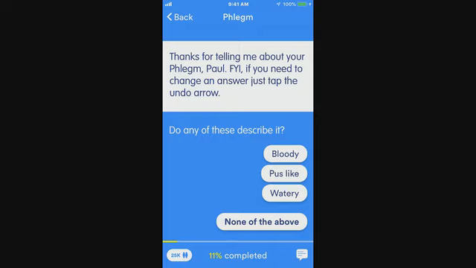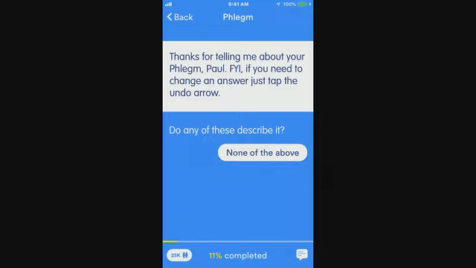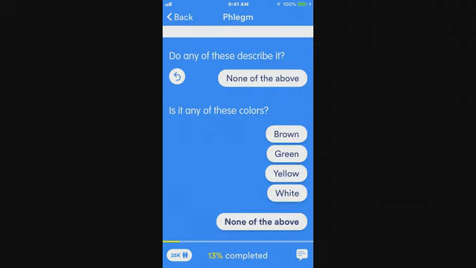So was the phlegm bloody or pus-like or watery or none of the above? None of the above. So what was it like? I don't know, Paul. Is it any of these colors? I think I'll make it yellow. Next.